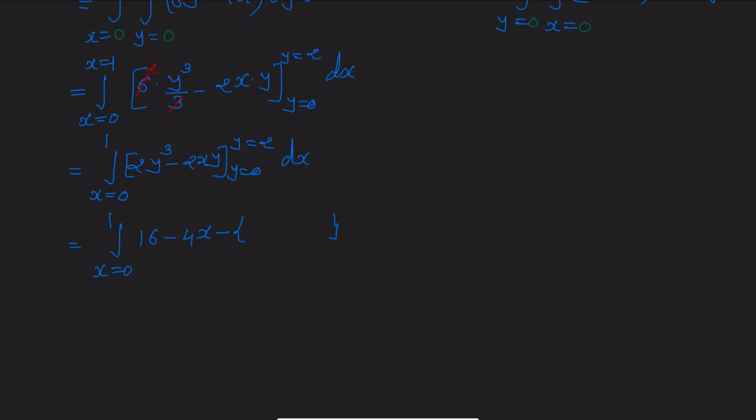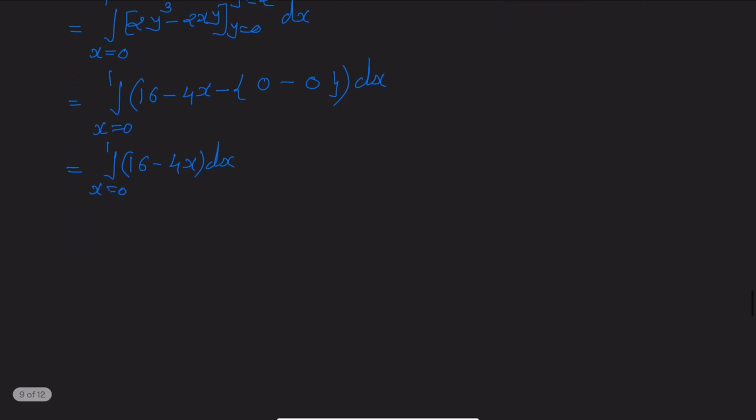When y equal to 0, this is 0, everything will be integrated with respect to x. So this is equal to integration x equal to 0 to 1, 16 minus 4x dx. What will be the integration?